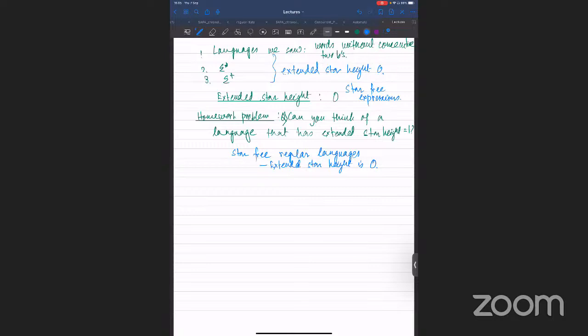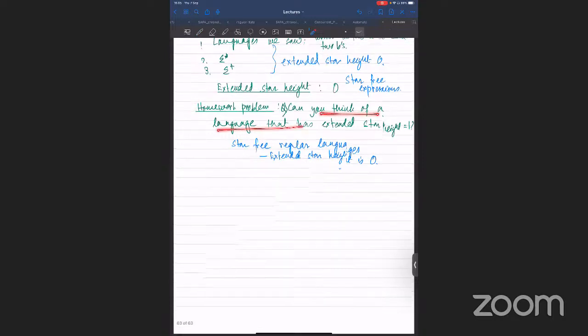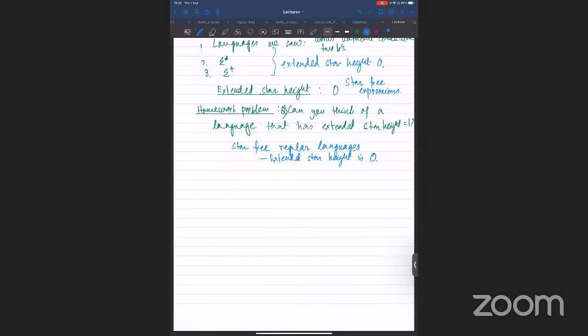So we have seen that there exist languages with extended star height 0. We are asking whether you can find some language for which extended star height is 1. And it is known that indeed such languages exist. So you have to find out something. If you can find something yourself, that's great. Otherwise, you can also go and search and let me know what you find.